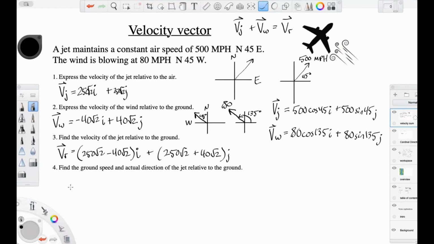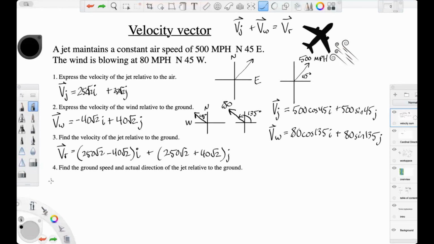So the concept here is let's take this vector information and find the magnitude of this vector, and then find the direction of this vector. The ground speed is saying what is the speed of the jet relative to the ground. And where we get that is by adding the airspeed of the jet plus what the wind is doing, right?